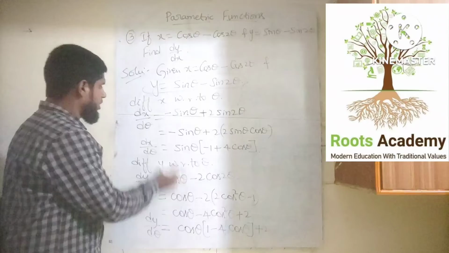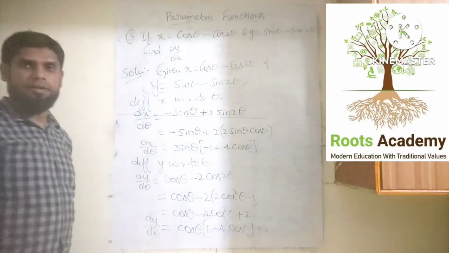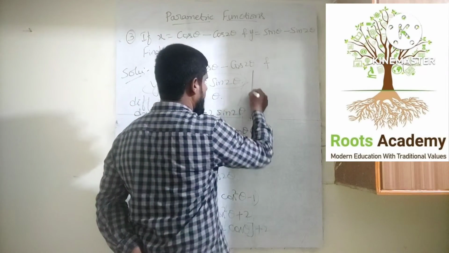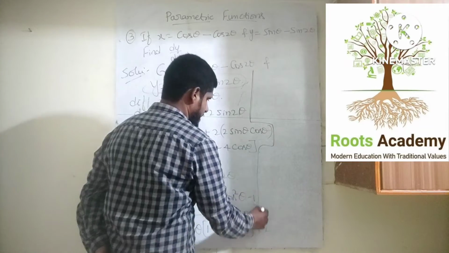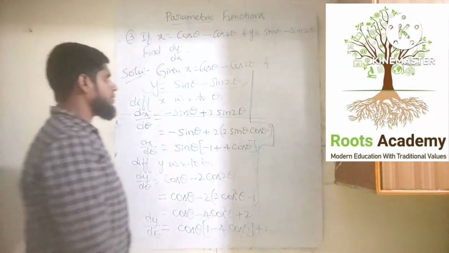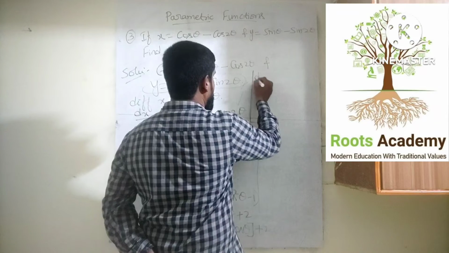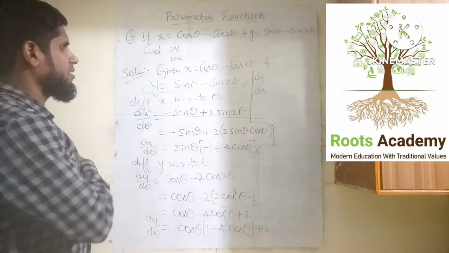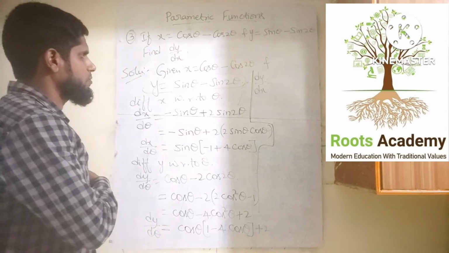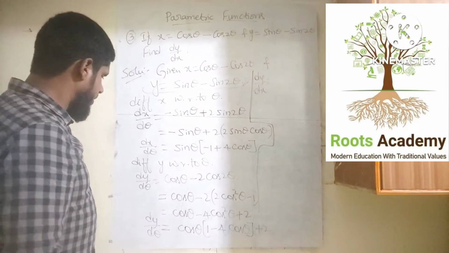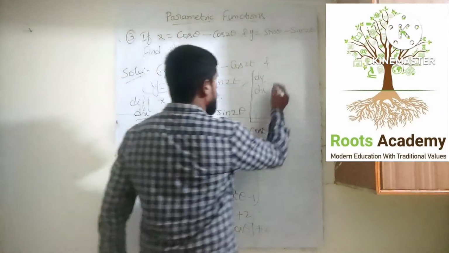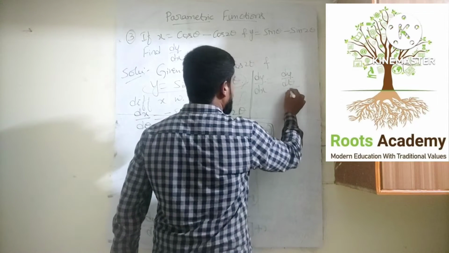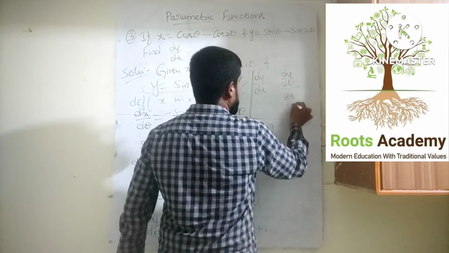Now with these two derivatives, I should find dy by dx. So my dy by dx is equal to dy by d theta all divided by dx by d theta.